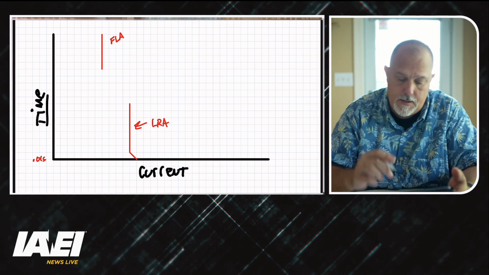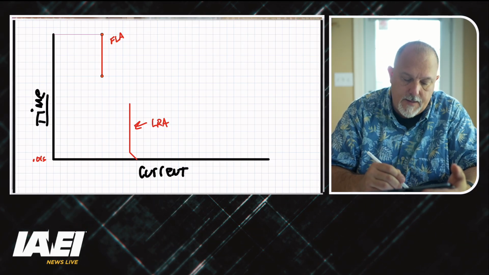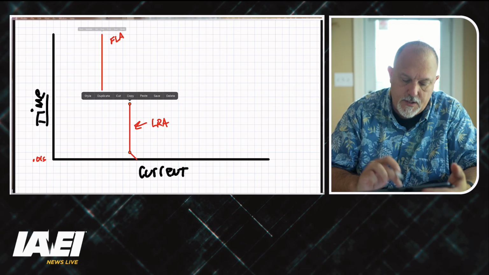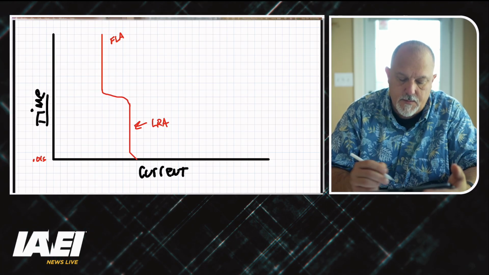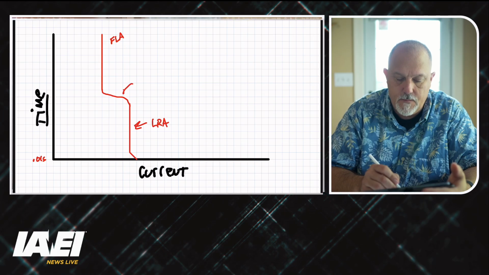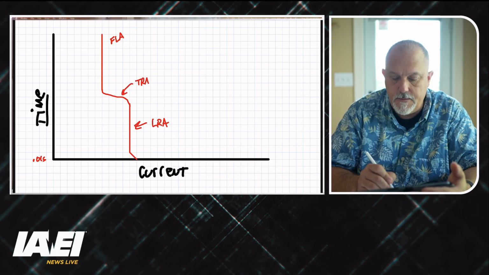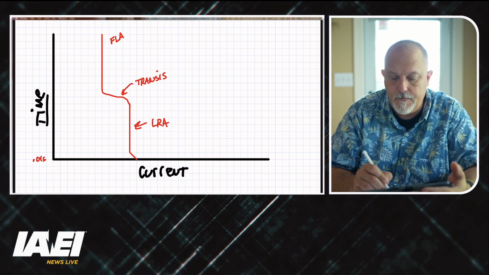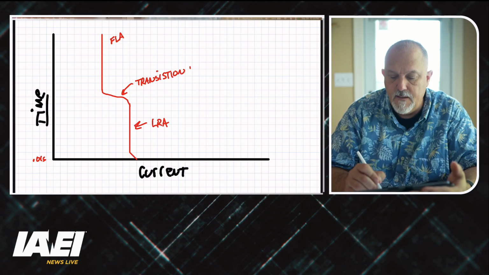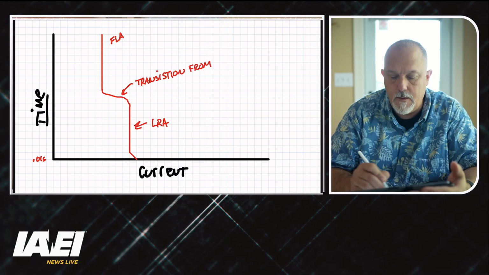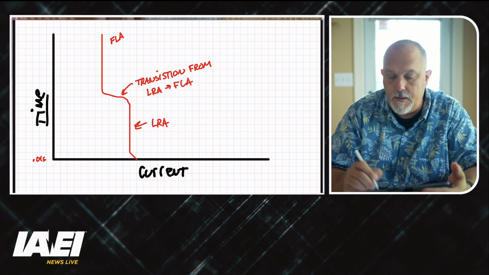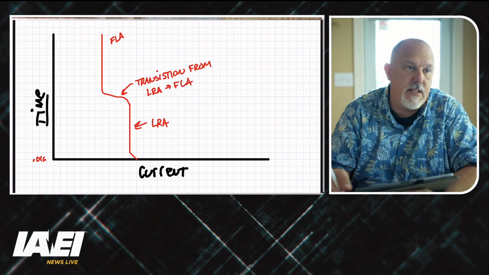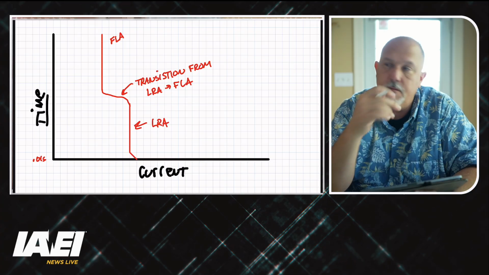And then at some point, the locked rotor amps becomes the full load amps. And what you'll have is something like this, which is that transition from LRA to full load amps.